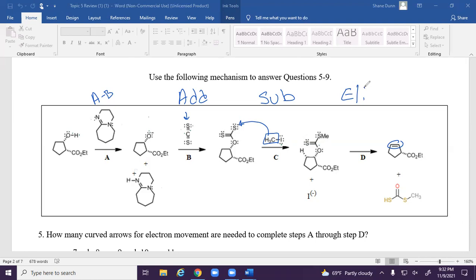These are the types of mechanisms you need to know. Substitution and elimination are just your SN1, SN2, E1, and E2. Addition and acid base is something you guys should have known from like Chem 115 and such. So, that makes sense? Yep.